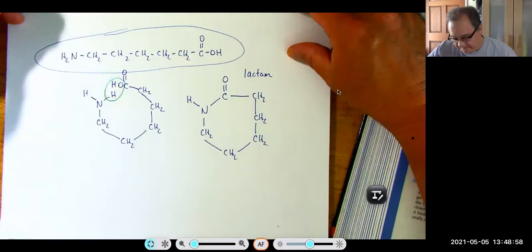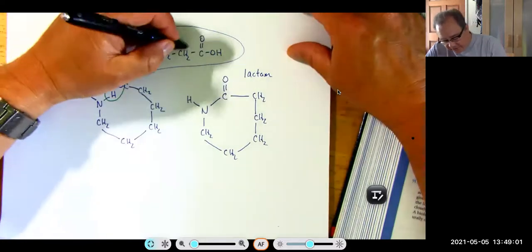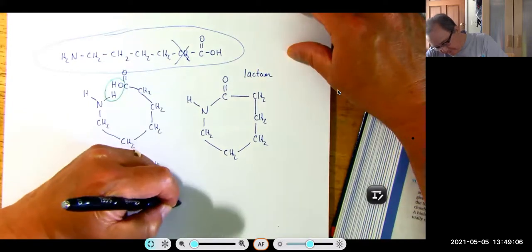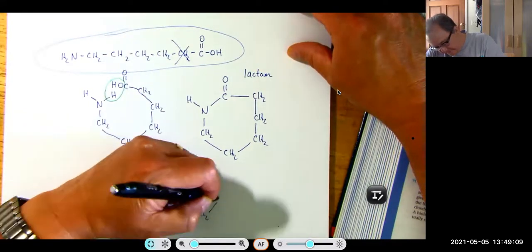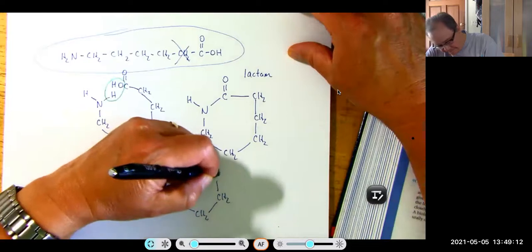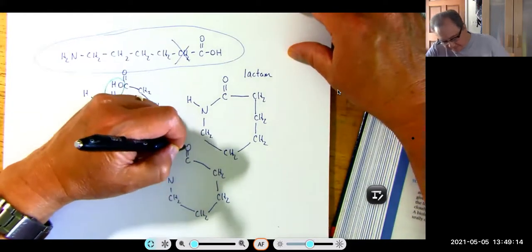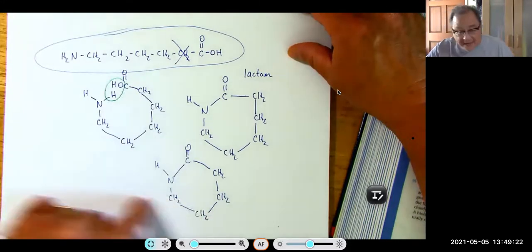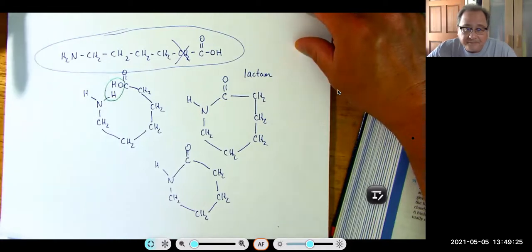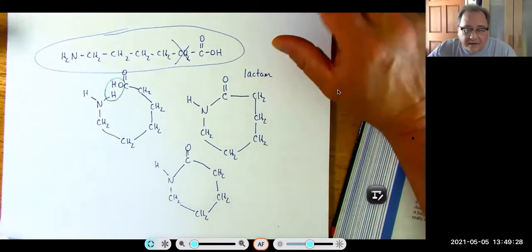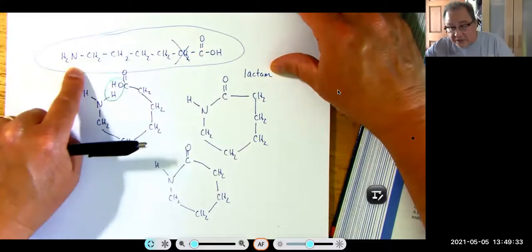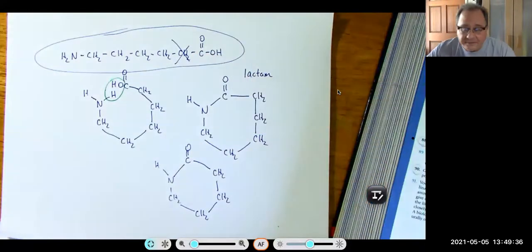So if you got rid of one of these, you would end up making a 6-membered ring, and that's a pretty stable ring. And if you got rid of another one, you'd make a 5-membered ring, and that's also pretty stable. But with 7, you probably aren't going to have too much of a problem when you have those 5 in there, plus the nitrogen and the carbon, making 7 in your ring.